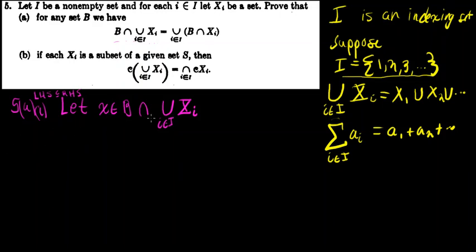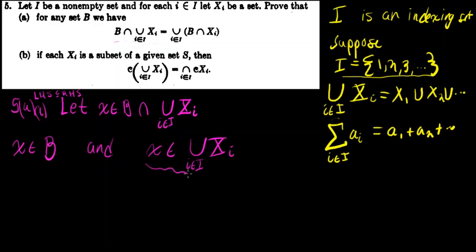Okay, so let's go on and see what this means. If x is in B intersect the union of all Xi for i in I, then like usual, by definition of the set intersection, x is in B and x is in the union of Xi for i in I. So first I want to go over what this means. What does it mean to be in the union of these?